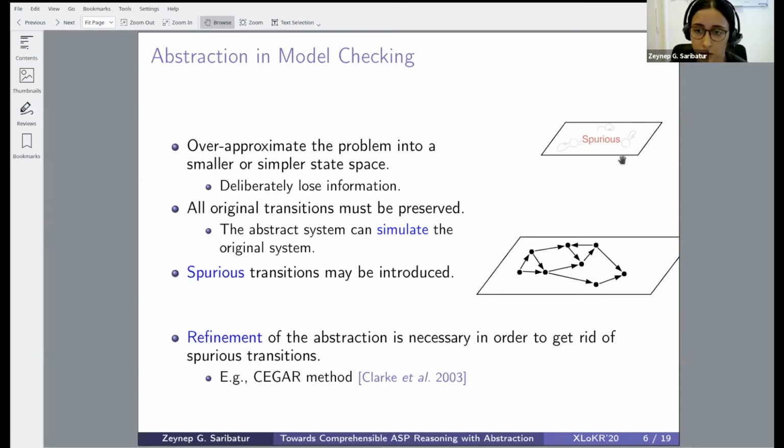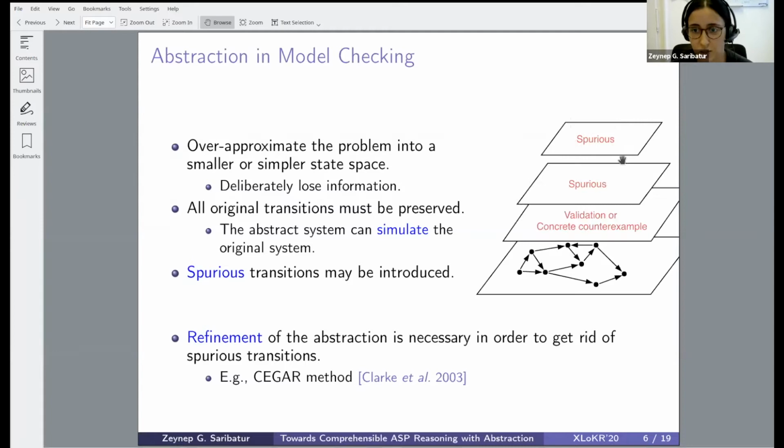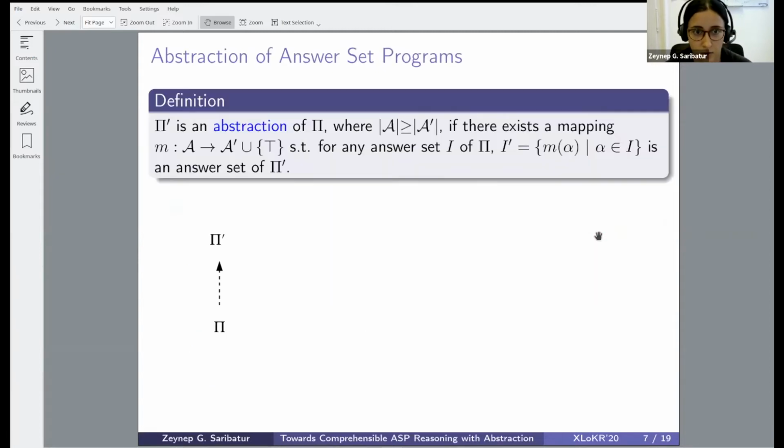Then you check the spuriousness and get an idea of how to refine this abstraction, and then you refine it. This continues until you either get a validation that the property holds on all paths, or you get a concrete counterexample. So this was the idea that we use for answer set programs.